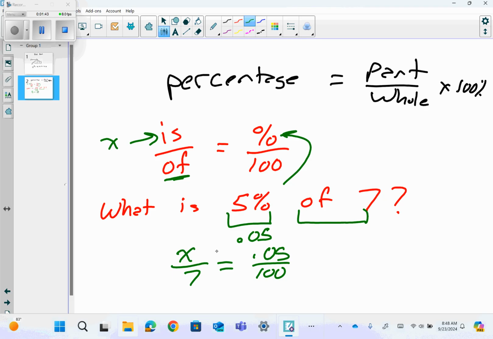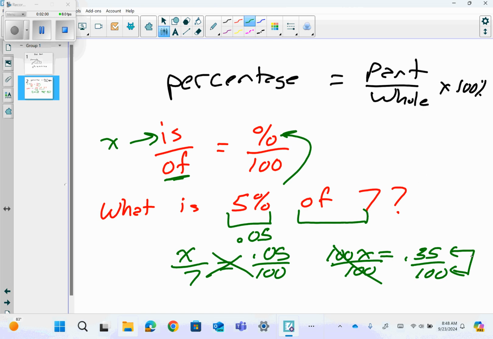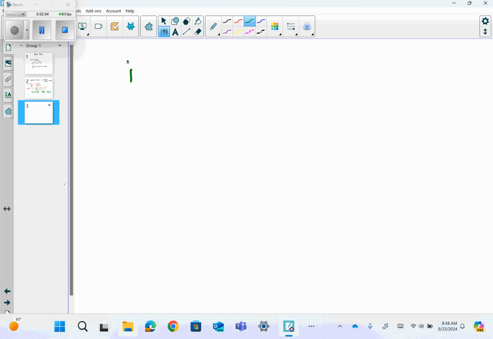If you cross multiply, 100x equals 0.35, and divide each side by 100. So whatever this comes out to on a calculator, if you go 0.35 divided by 100, you can get your answer for it.